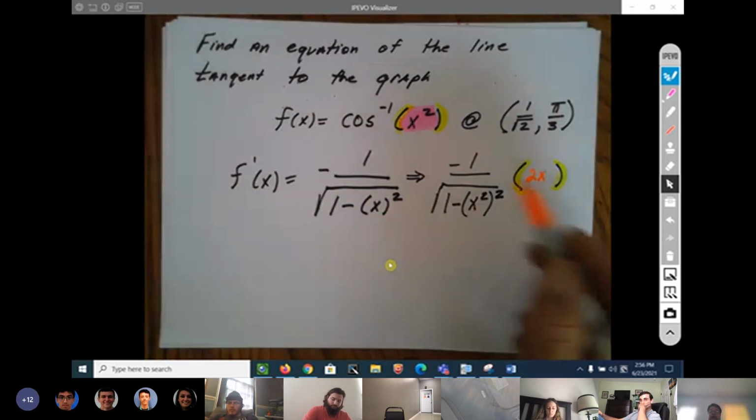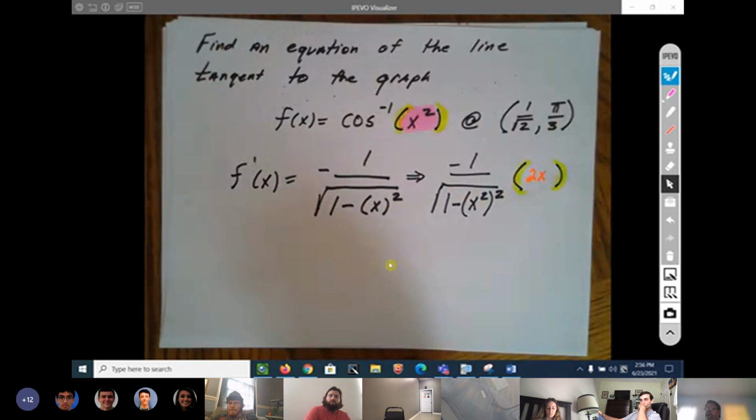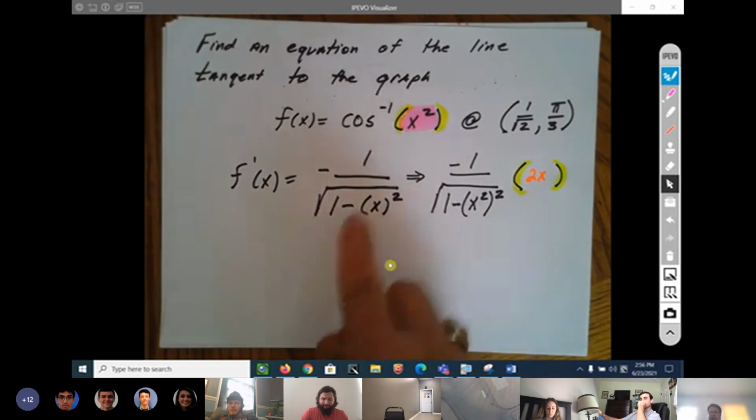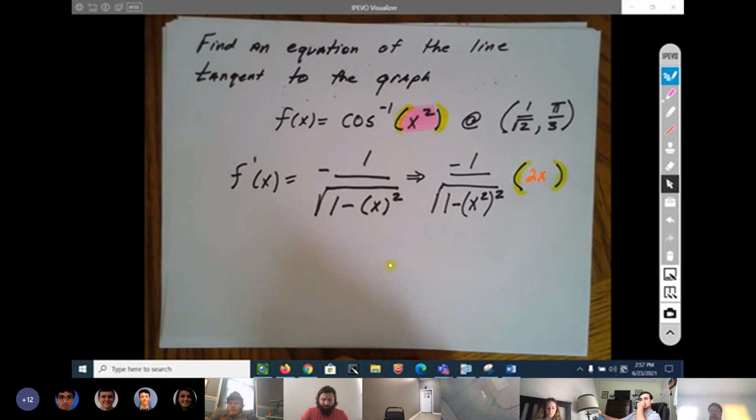Now clean this up and you've got your equation for your slope. That's how you take the derivative of an inverse trig function. Plug and chug. You will see these in Calc 2.